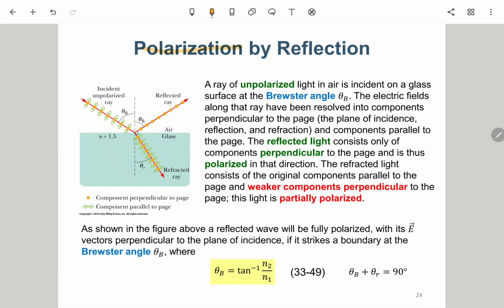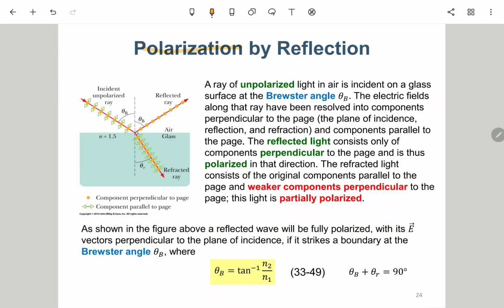Okay, in the last lecture, we have already mentioned that if we have some unpolarized light and we have a polarizing filter, then after the unpolarized light goes through, the intensity will drop by half, and the light becomes polarized light, depending on the direction of the polarizing filter.